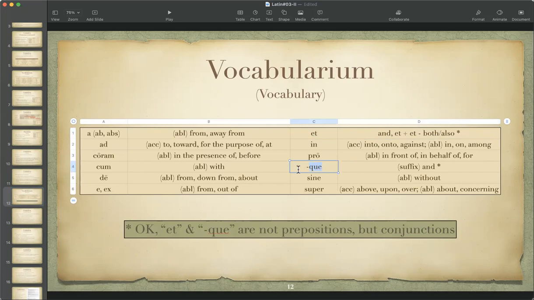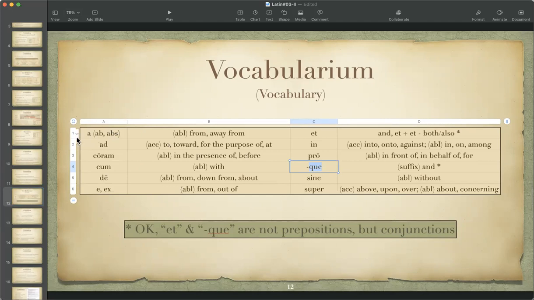And the suffix que also means and, and I'll explain how that works. But the other ones, pardon? Filioque. Yes, the filioque. But these are the ones that are in Unit 1.